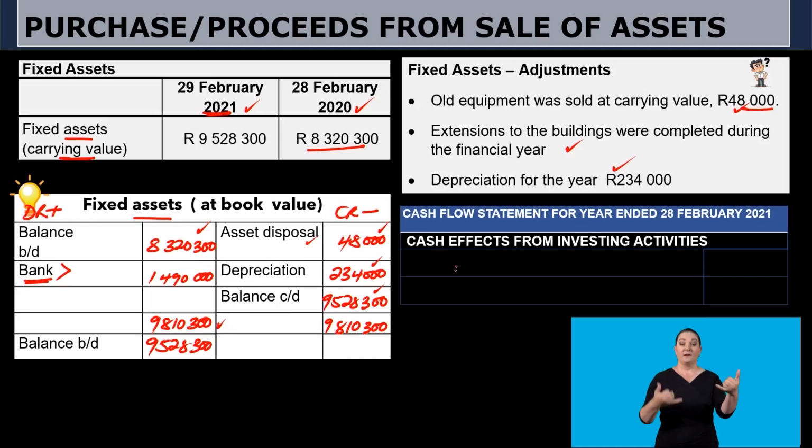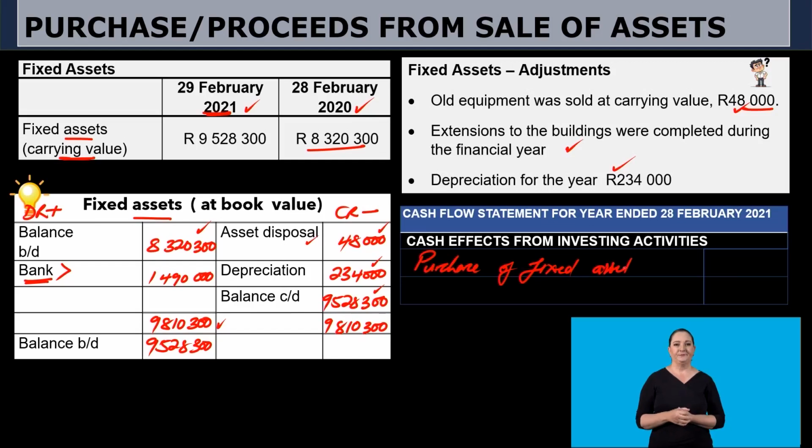Now, when we come to the cash flow statement, remember this now goes under your cash effects from investing activities. You now say here, the purchase of fixed assets. So I'll come in, then I'll say purchase of fixed assets. All right, the purchase of fixed assets.